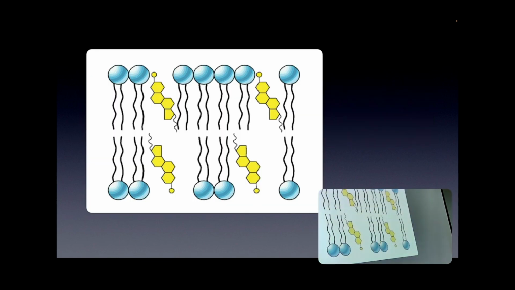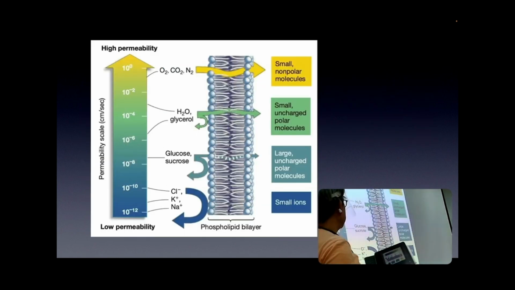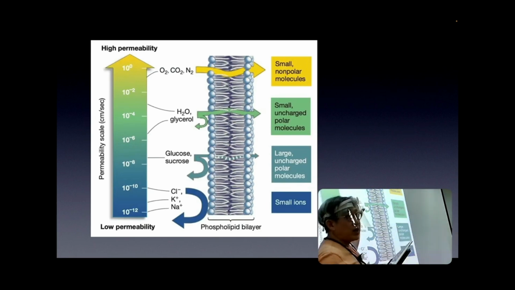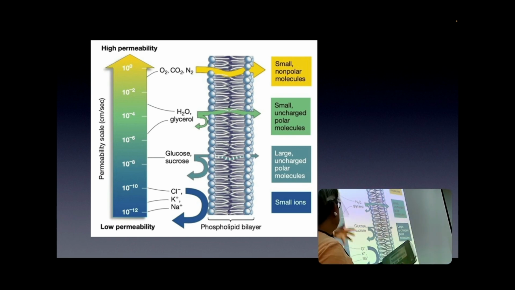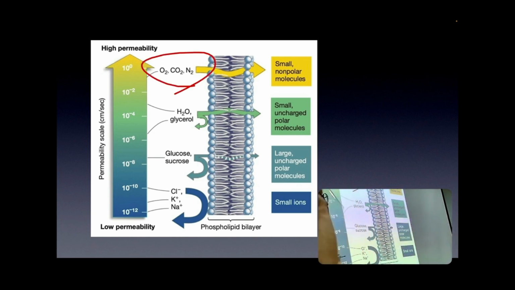That's another thing. Basically speaking, there is some kind of pecking order depending on who you are, like the easiness of passing through the cell membrane. The top of the list goes to the small gas molecules, like oxygen, carbon dioxide, and nitrogen gas.